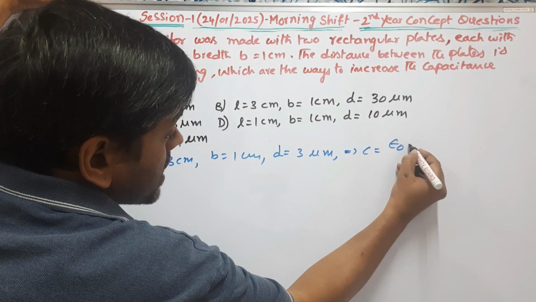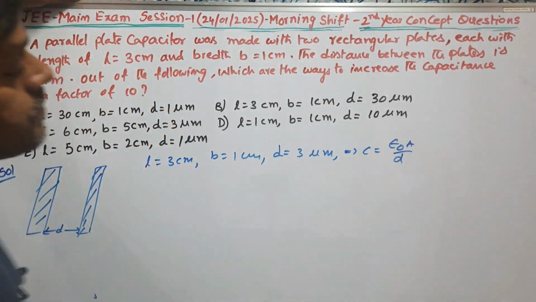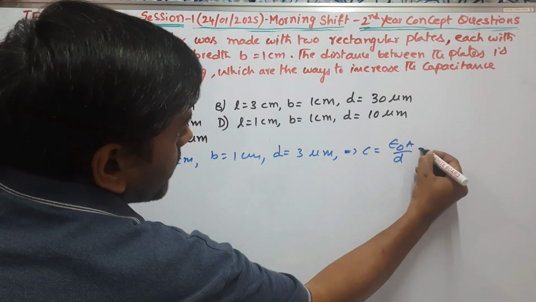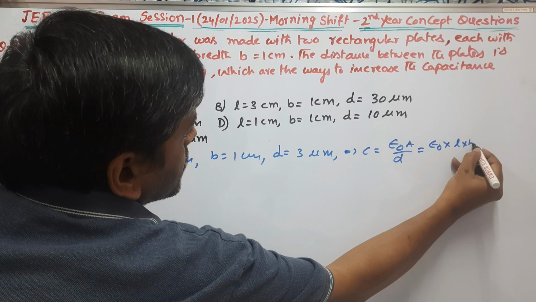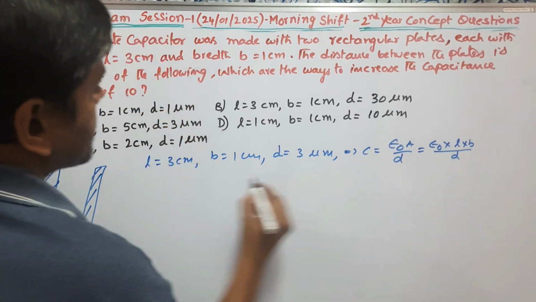C is equal to epsilon naught A by D. So you can write epsilon naught into A, area is length into breadth, by distance.